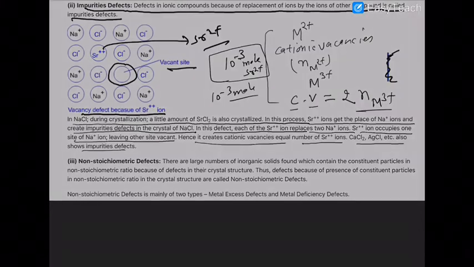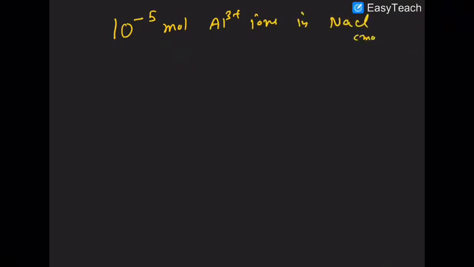Are you getting that? Now let's look at one more example. Let us suppose you have added 10^-5 mole Al3+ ions in molten NaCl.